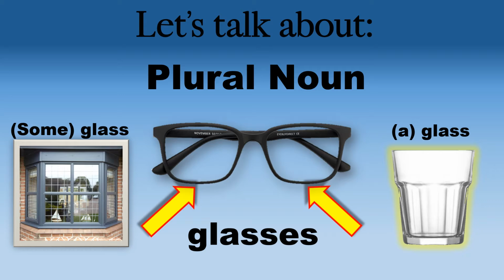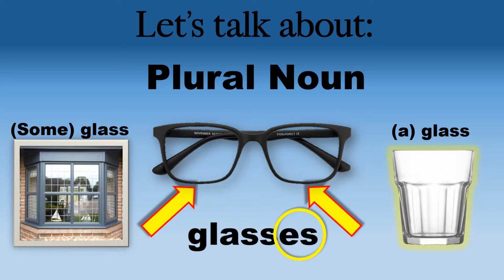Okay, so these are a plural noun. We always say glasses. We never say glass for this object. Even if we break it and cut it in half, we still say glasses. It is the name of this object.